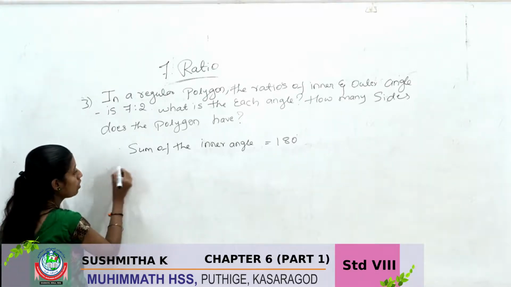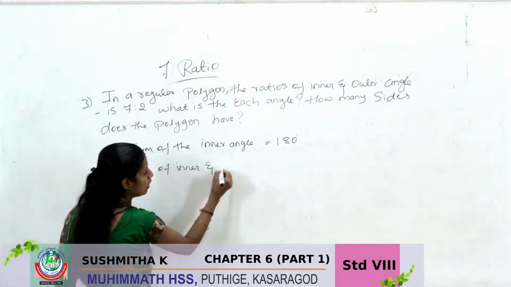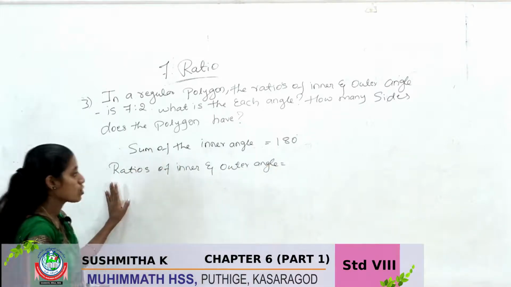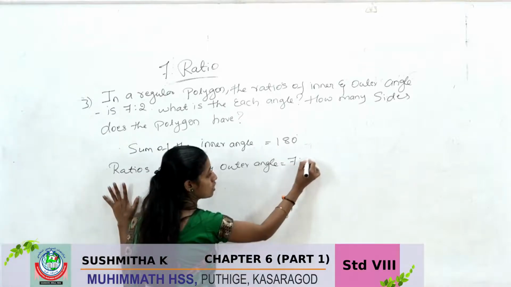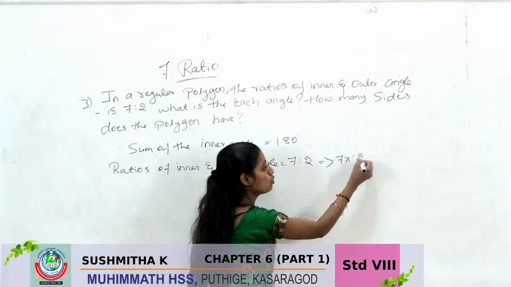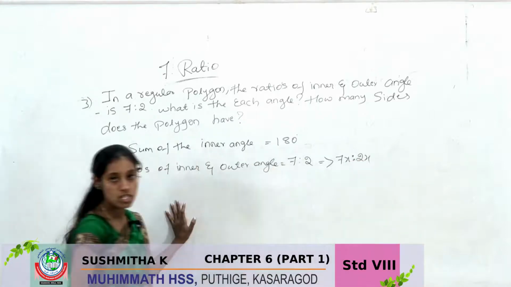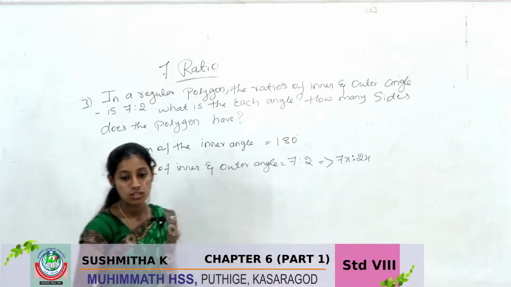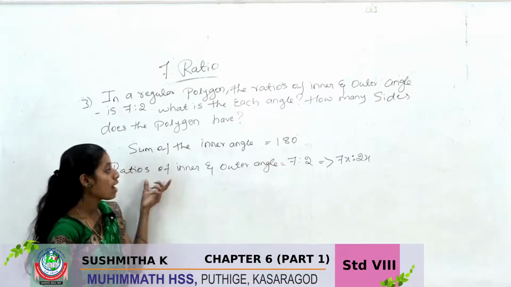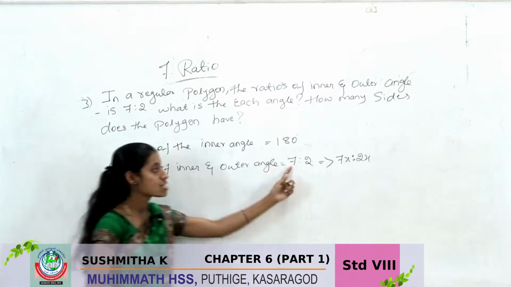So we can write this as 7x is to 2x. Here we know that the sum of the angles is equal to 180 degree, and the ratio of inner and outer angles is given as 7:2.